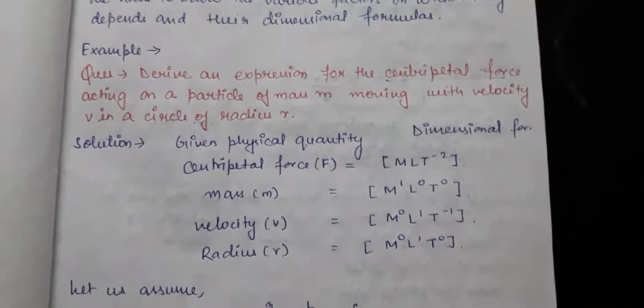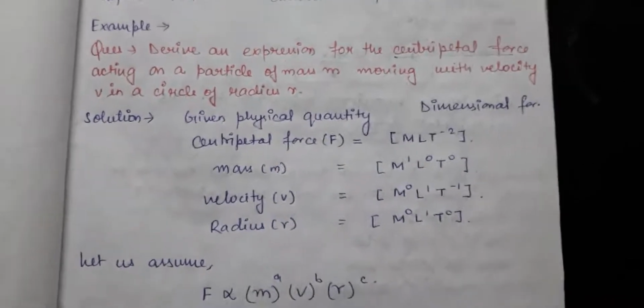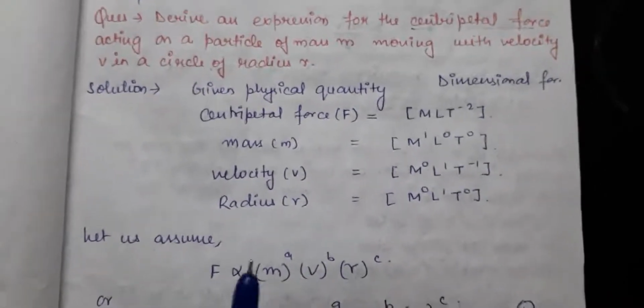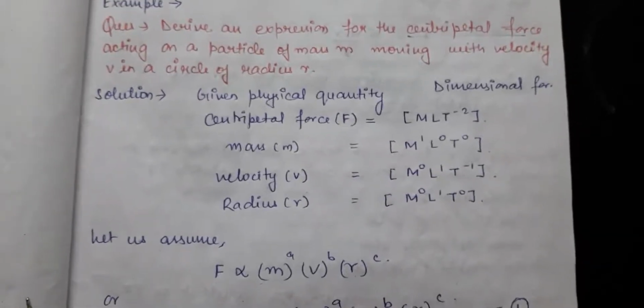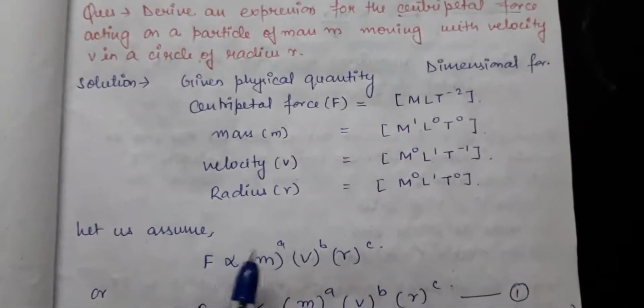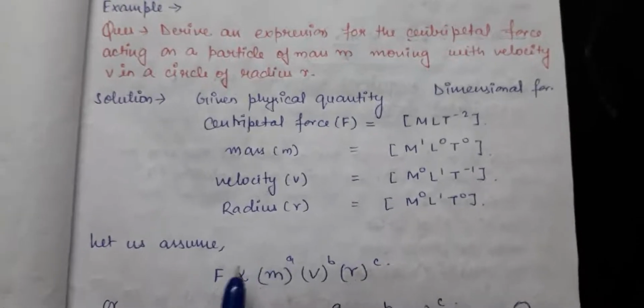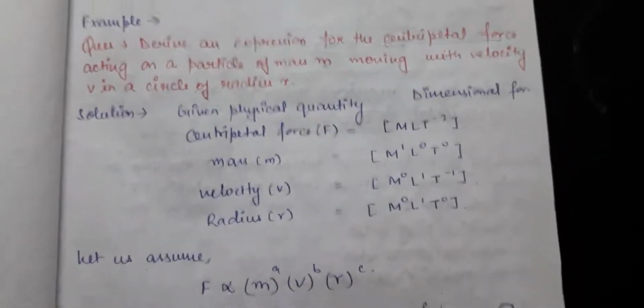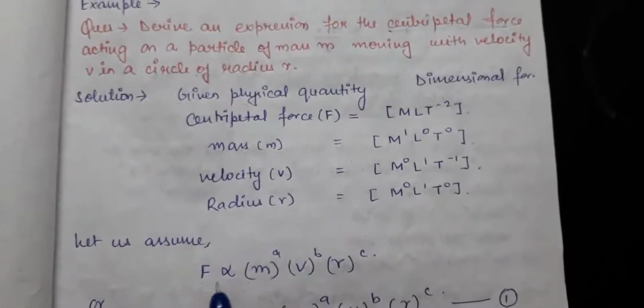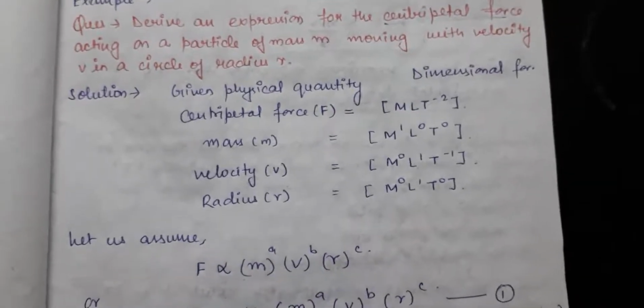Okay. So the next step is, let us assume we have not been given any relation, whether it is directly proportional, inversely proportional, or square or cube of it, in this question. So let us assume for our convenience that all the physical quantities are directly proportional.